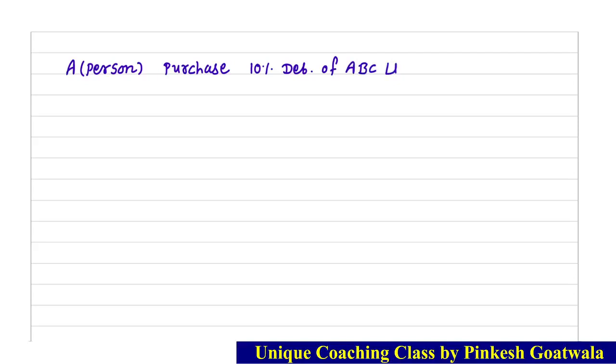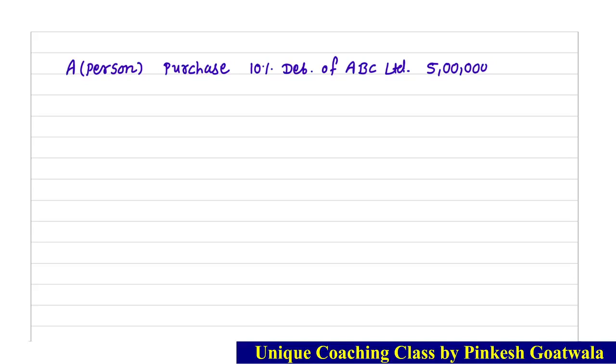So the person has purchased 5 lakh debentures of ABC Limited and the rate of interest is 10%. Now remember, if any person or any company invests in debentures, bonds, mutual funds, whatever, there is a fixed date of interest.